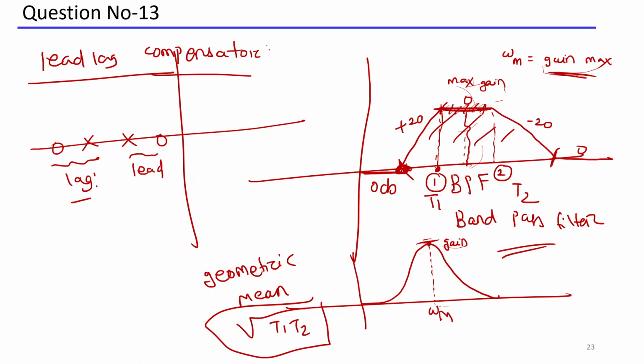Now, how will it actually be represented? The lag lead compensators have a transfer function. Because they are compensators, it will be represented by only Gc(s). It can be represented by (1 plus aTs) divided by (1 plus Ts).